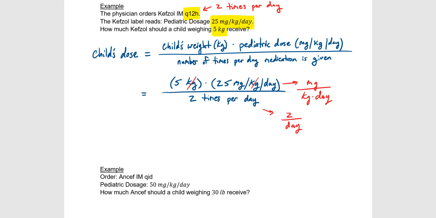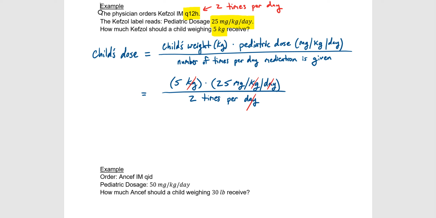So if you rearrange this using keep, change, flip for dividing fractions, you would see that the days would end up canceling. It just looks a lot more confusing the way it's set up. You don't have to worry about that too much. Just know that these days will end up canceling, and you can see right now that we're going to be left with the milligrams, and that's it.